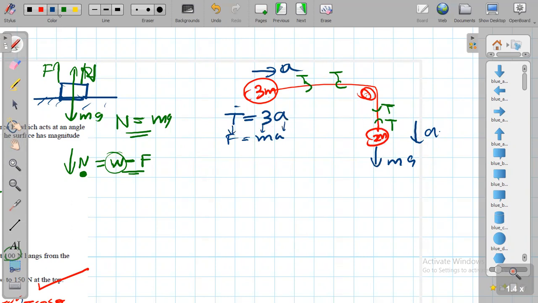Now for this one, there is a force couple here, right? One is the upward force T, the other one is the weight. Now I'm going to ask you a question: which force is greater? T is greater than mg or mg is greater than T? Which one is correct? Let me know which one is correct.